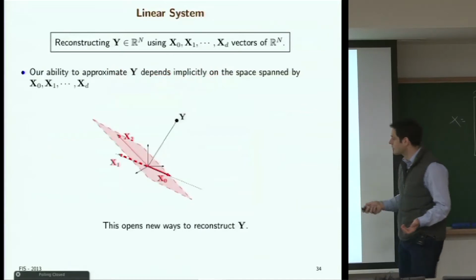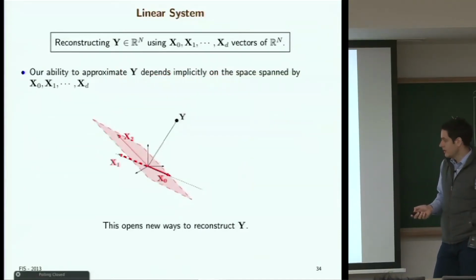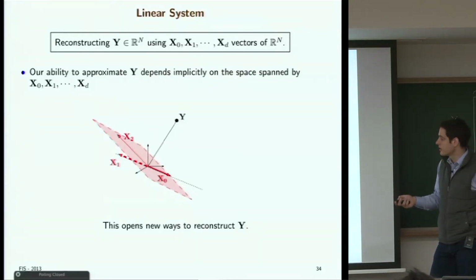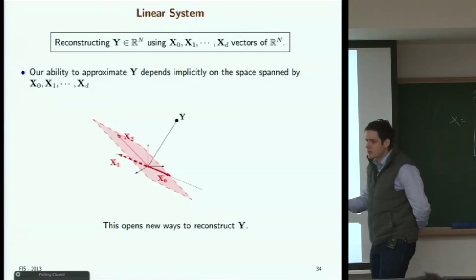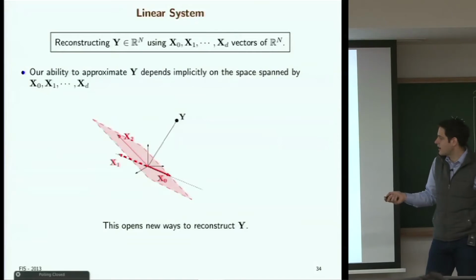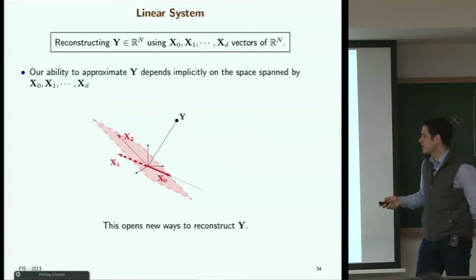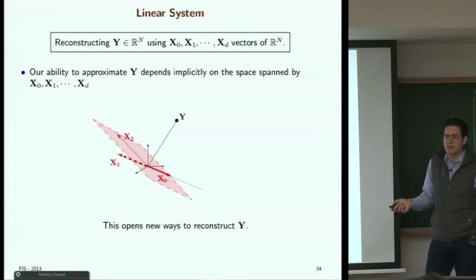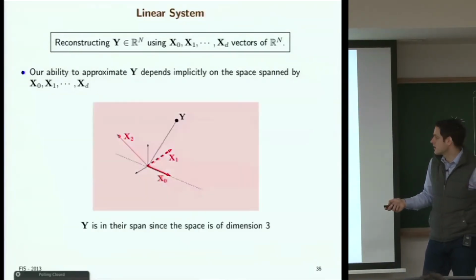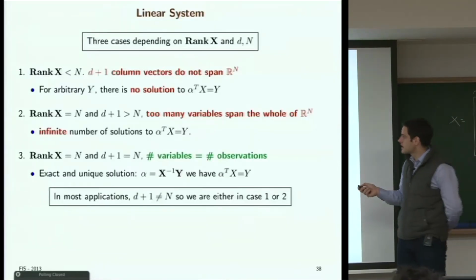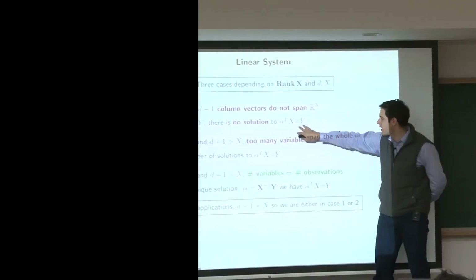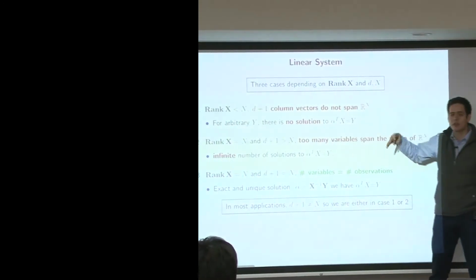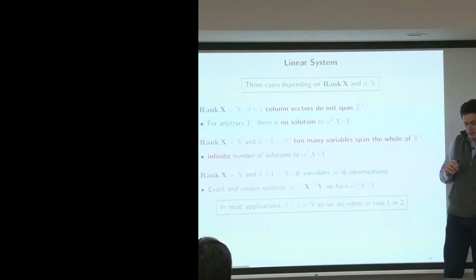Remember that each of those vectors has dimension equal to the number of points, and there are as many as I have variables. Usually, when regression is well posed, I have fewer variables than observations. And so the vector y of predicted values will never be in that span. So what you do in that case is that since there's no exact solution, you take an approximation. We'll see this in the next slide.